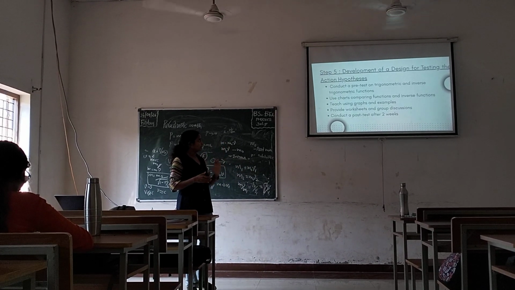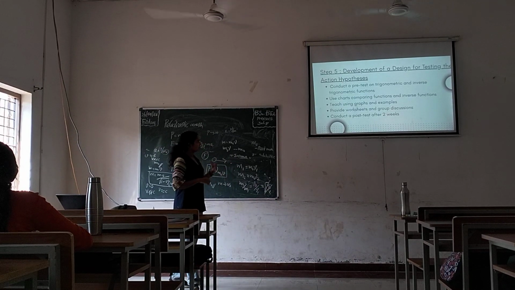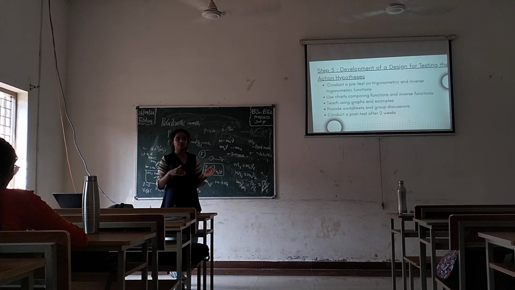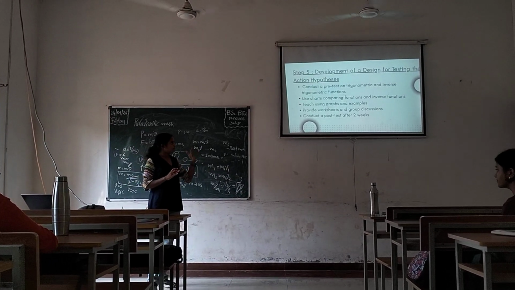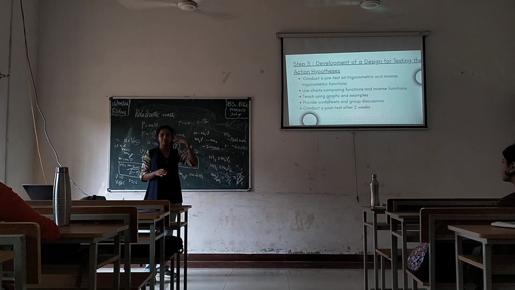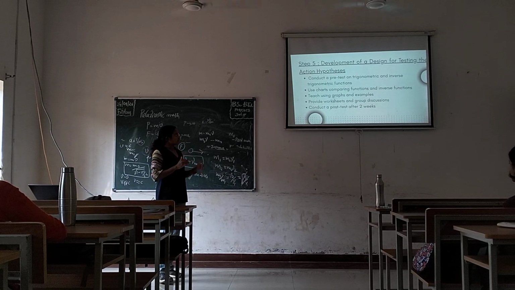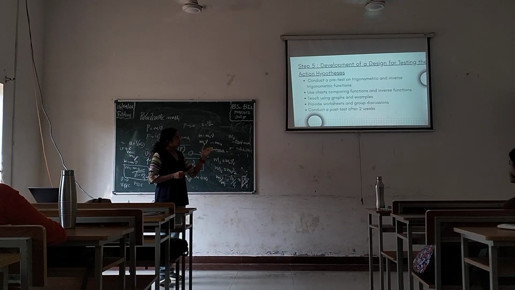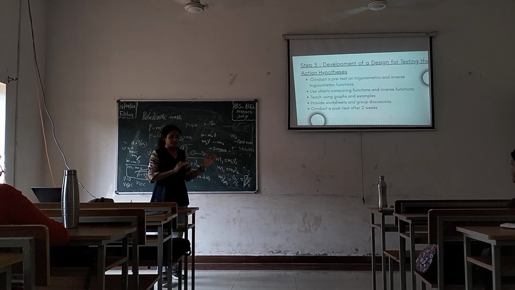Then she is using graphs and other examples to teach the children, providing worksheets and group discussions, and finally conducting a post-test after some weeks. In all action research, there will be a pre-test as well as a post-test to understand the difference. So these are the designs made by the teacher to implement her hypothesis.